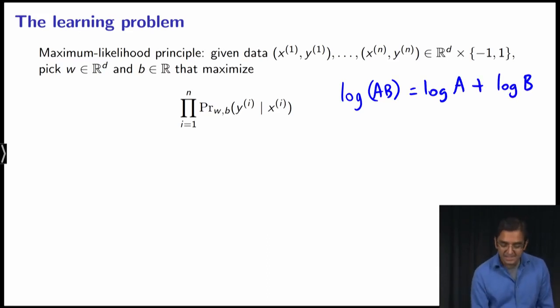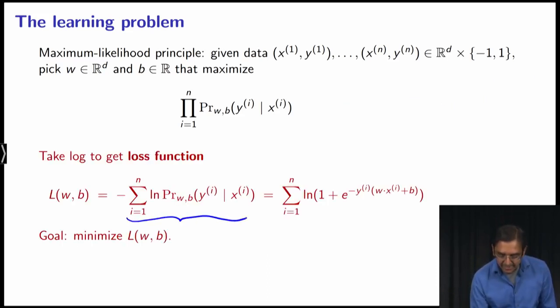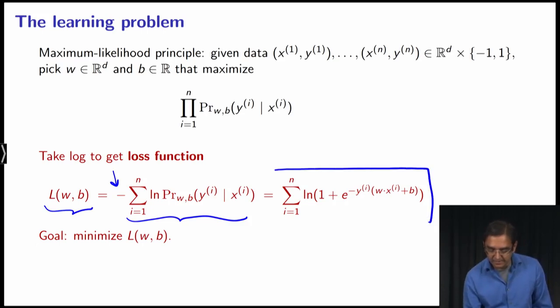So instead of maximizing this function, we can just go ahead and maximize its log, which leads to the same answer. And then what we get is this sum over here. Now we're also going to stick a minus in front so that instead of maximizing, we actually want to minimize. So this then is our final loss function. This function over here.